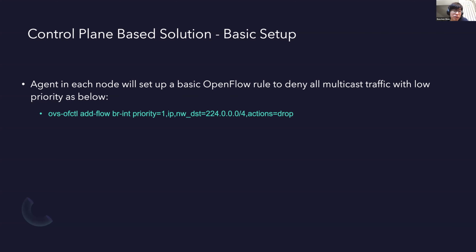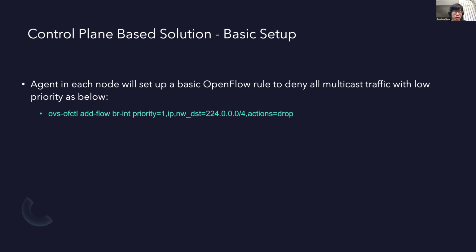So now we are focusing on the second solution. We call it the control plane based solution. When the multicast feature is enabled, the agent in each node will set up a base OpenFlow rule to deny all multicast traffic with low priority.